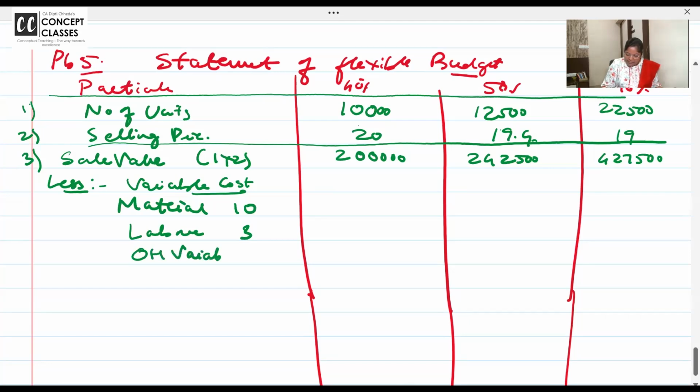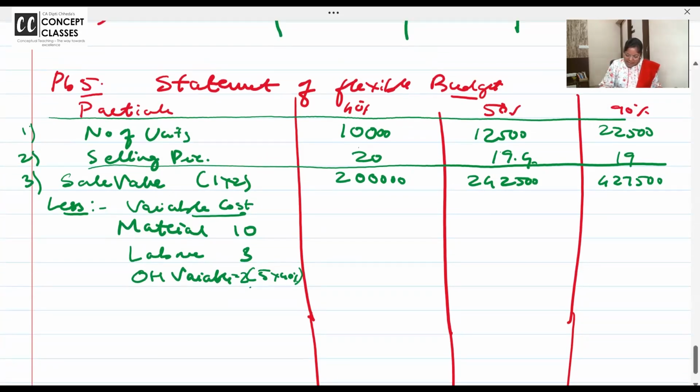Overhead variable we will take. Overhead variable is 5 into 40%. That is 2 rupees. Anyone in the class is having doubt? Of 5, 60% is fixed, so how much will variable be? 40%. 5 4s are 20, so 2. Now simply multiply and get your variable overhead.